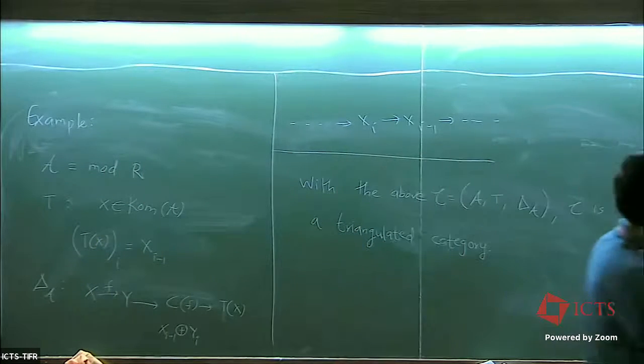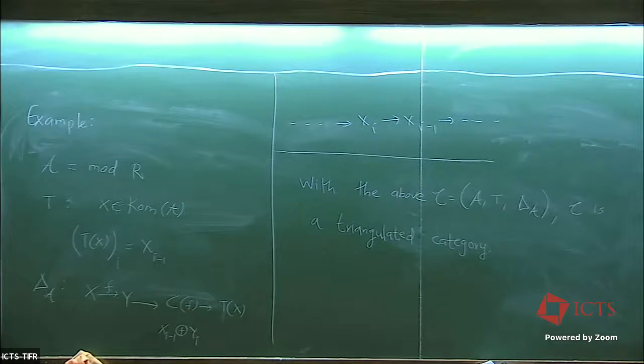And so to prove that it is a triangulated category, we have to check that all these axioms are satisfied by the data that we have.